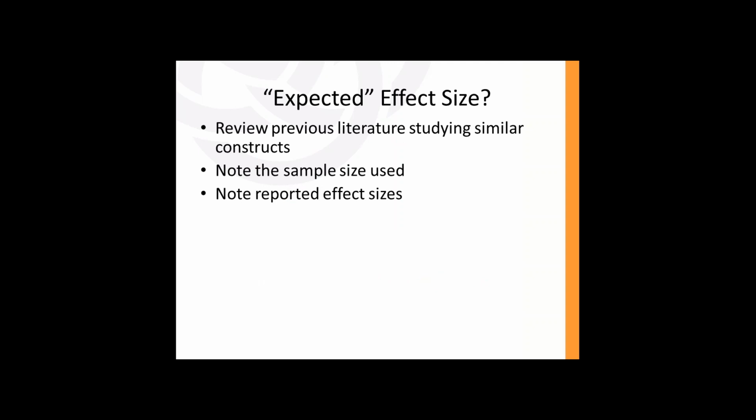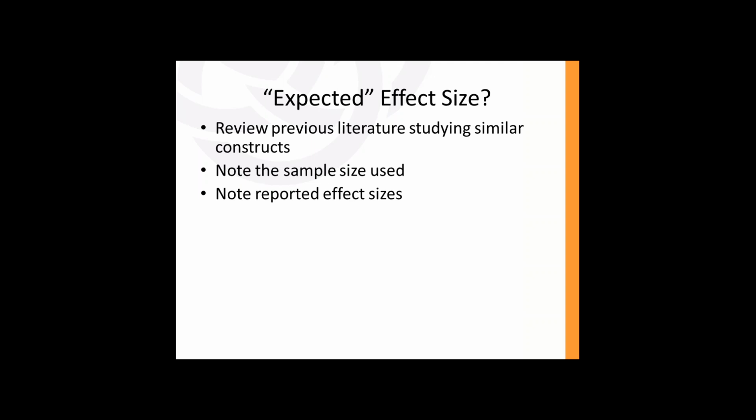So what do you mean, expected effect size? What is that? The idea is that you review previous literature studying similar constructs to the one that you're interested in. It doesn't have to be the exact same study that you're trying to conduct, because that would just make your study redundant.